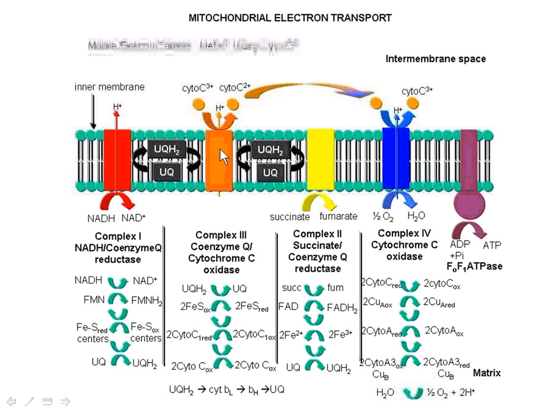You have complex 3, which also can do the same thing, but then you get to, sorry, this should be complex 2 here. Then complex, where are we here? Complex 3, I'm saying. So complex 3 is giving you the cytochrome C. It's the peripheral component in this system, transferring it to complex 4, which is ultimately going to use oxygen as the acceptor here. And again, there's protons being moved.